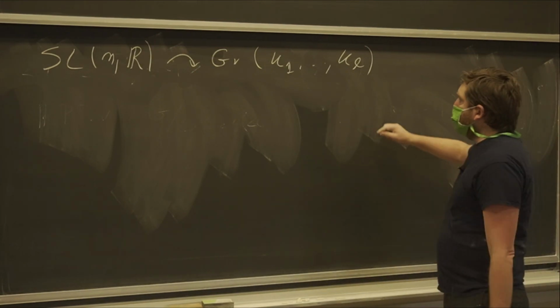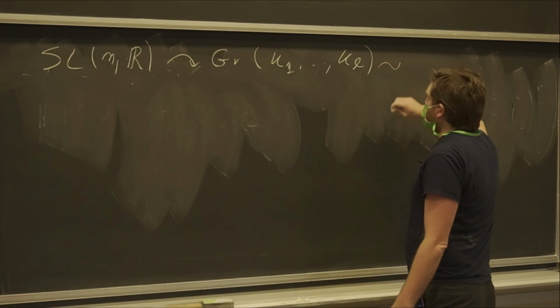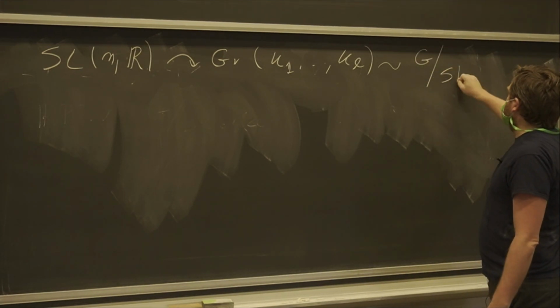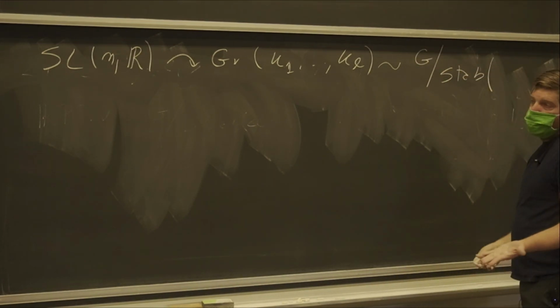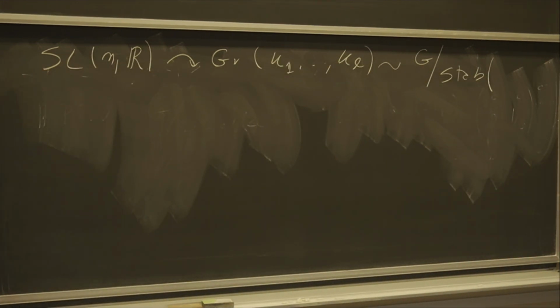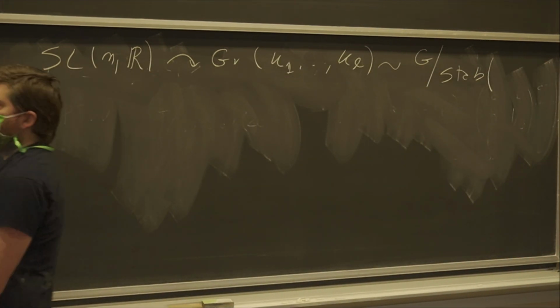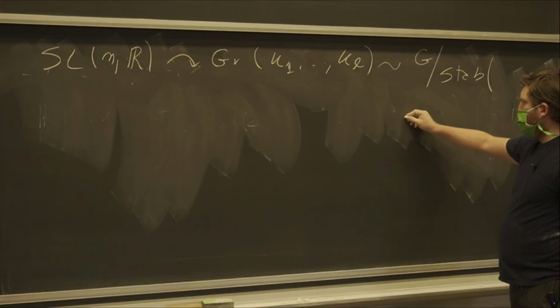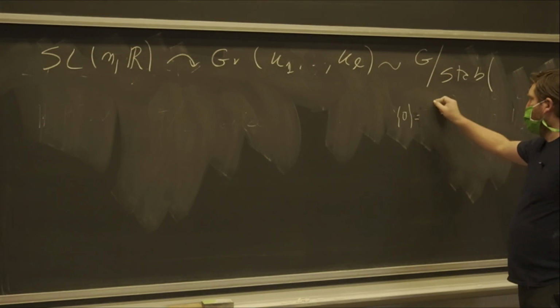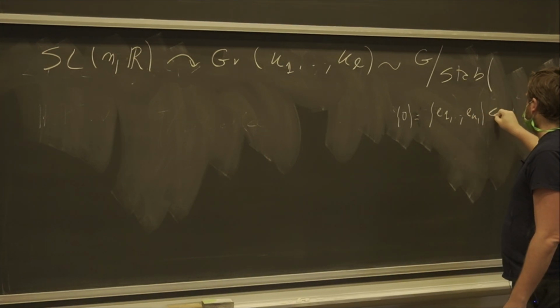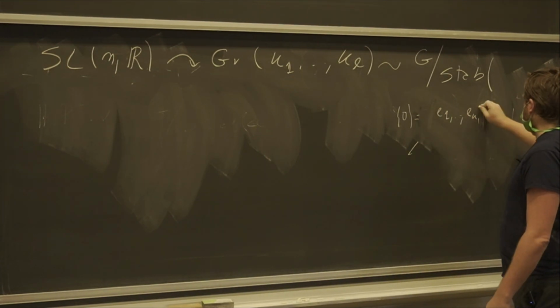So it tells us automatically that this space and the action are naturally identified by G mod the stabilizer, and then you put your favorite flag, your favorite family of subspaces, where typically you do the natural choice. So first you put 0, then you go with the canonical basis. So E1 up to EK1, the span of this.